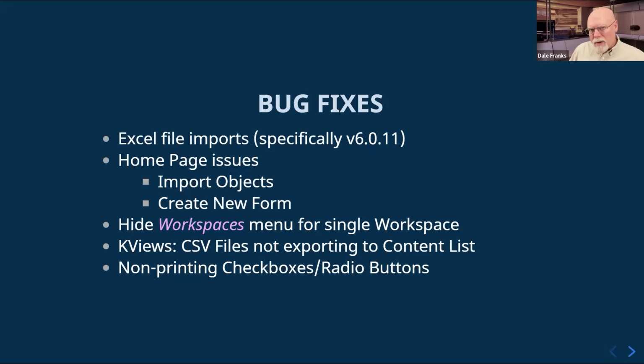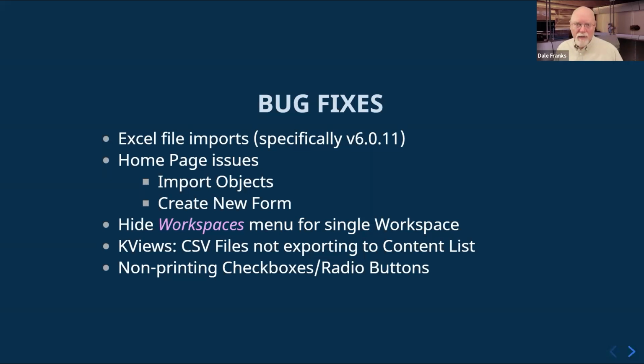For knowledge views. Now, this was an odd one, and it was an odd one because I could repeat it for some things, but I could not repeat it for other things. If you have a knowledge view that exports a CSV file to a content list folder, and if that folder calls a process every time a file is imported, the process would fail.